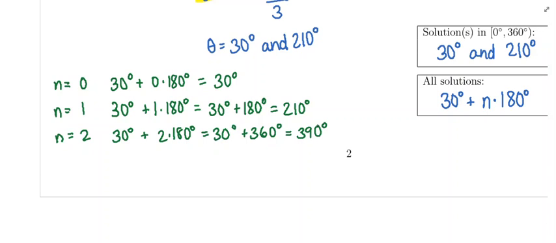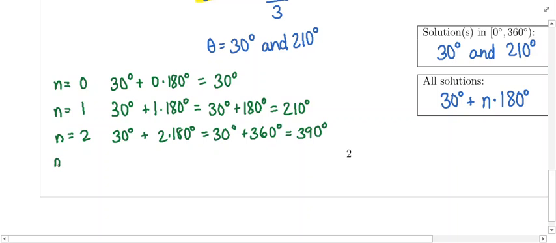And you could keep plugging in positive integers, but you could also plug in negative integers. If n is -1, you're also going to get a solution. So 30 degrees plus -1 times 180 degrees. This is going to be 30 degrees minus 180 degrees.